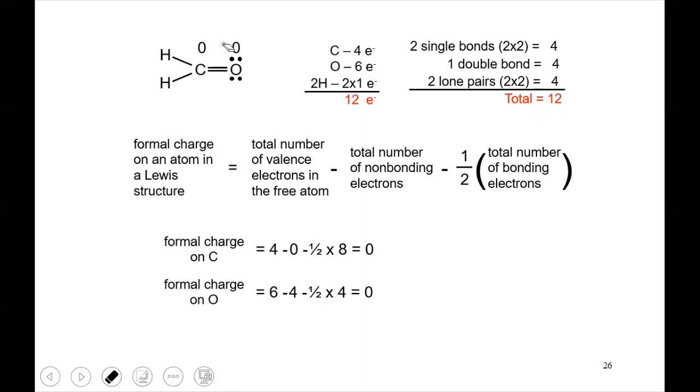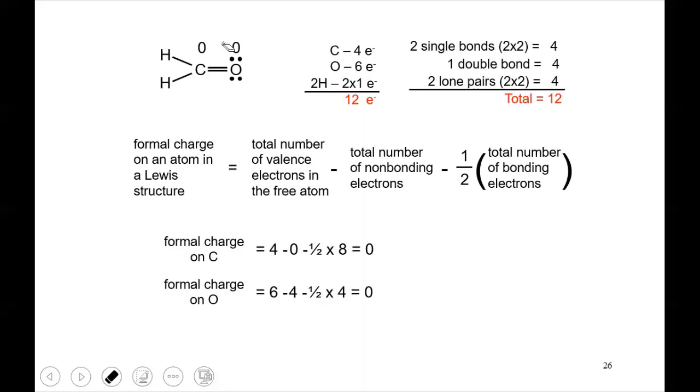That's all we're saying. In some cases, yes, there will be an actual negative charge if we're talking about an ion, but in many of these, for example, this molecule of formaldehyde, which is neutral, there is no such thing as the carbon or oxygen having a charge, okay? Again, emphasis is on the word formal, and it is a purely mathematical calculation.